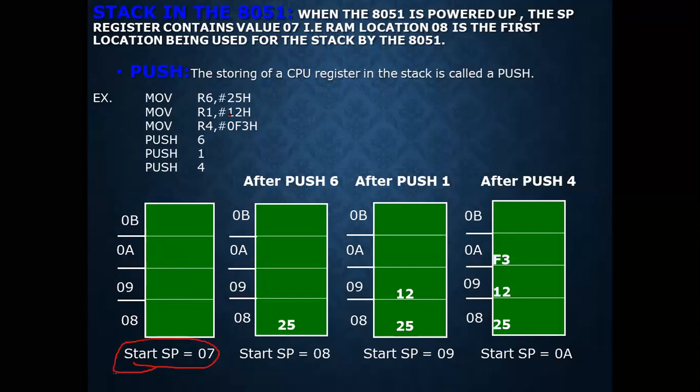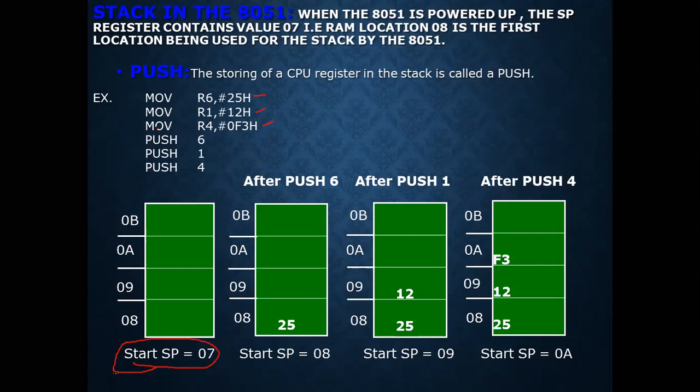In the second stage, just look into this: move R6, #25H, move R1, #12H, move R4, #0F3H. No initialization has been done in the flag register.